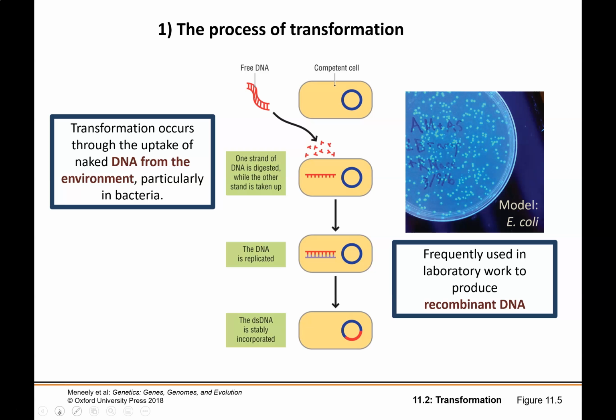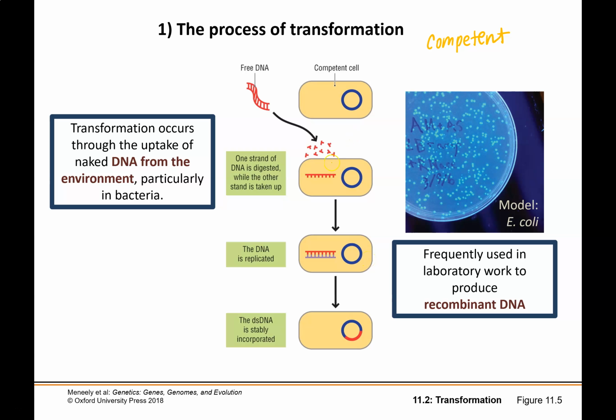Some cells need to be forced to take it up, and you do this by shocking the cell in some way, providing a particular chemical or heat or something that makes it competent to take up DNA. So a cell that has the ability to take up DNA is going to take it up and pull it into its cell. Once in there, that piece of DNA can be converted and inserted into the genome.